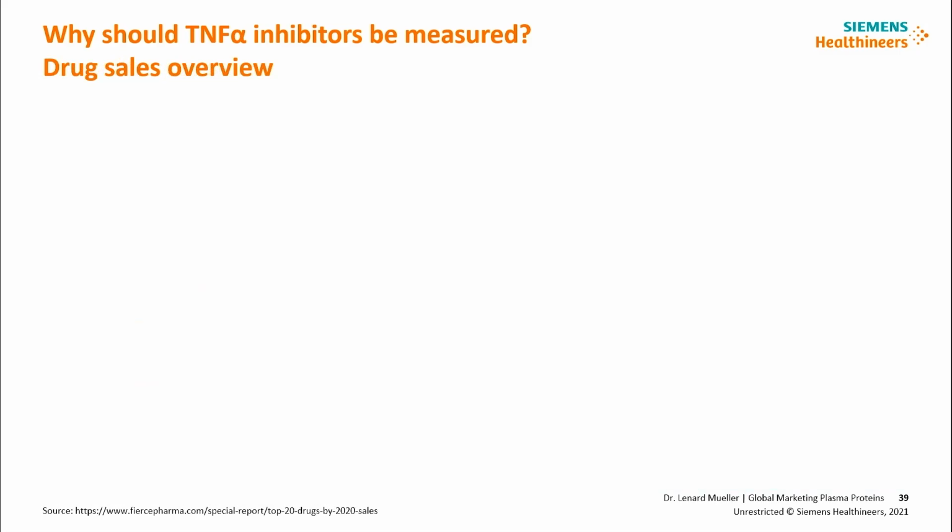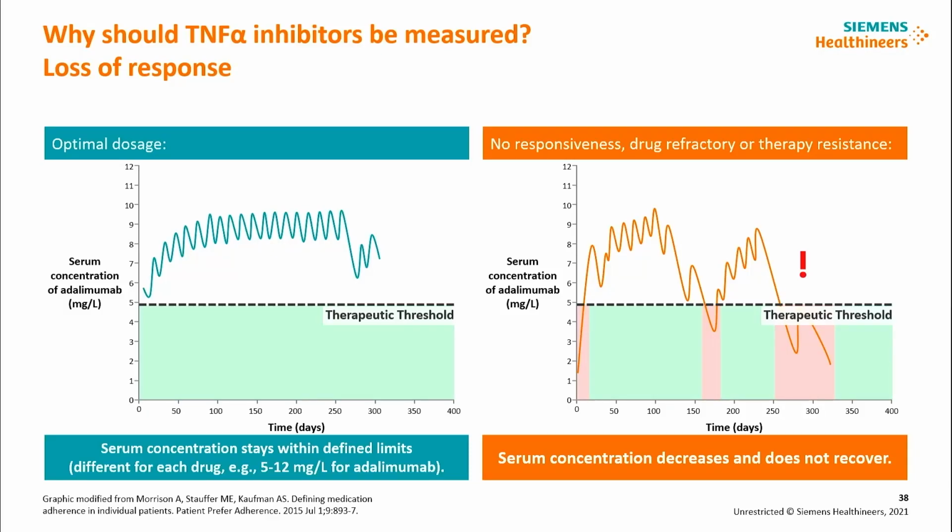Otherwise, it means the patient is developing secondary resistance after a while, and the physician has to immediately decide to change the treatment or increase the dose in order to maintain the therapeutic drug level which is working for rheumatoid arthritis.